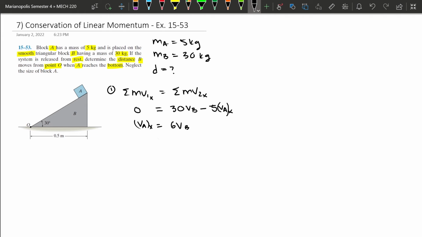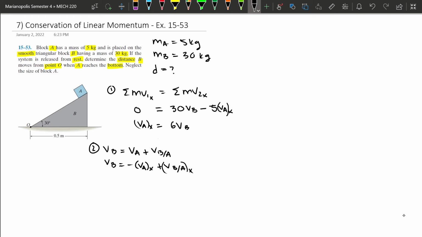Perfect. So now we need to relate the velocities somehow. A lot of times in these linear momentum problems, you're going to need to use relative motion. So to relate the velocities, my equation is VB is equal to VA plus VB with respect to A, right? And I know that VA here is going to go to the left, and that's a negative. So I have VB is equal to negative VAx, with the x subscript because we're only looking at the x direction, plus VB with respect to A, which is also in the x direction.